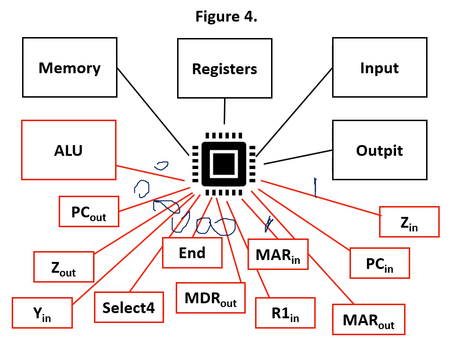Those circuits like Z in and MAR in, which received 1 from the processor during the first clock cycle, immediately work. The Z in circuit allows data from the ALU to enter Z. Similarly, the MAR in circuit allows data on the bus to enter the MAR register.